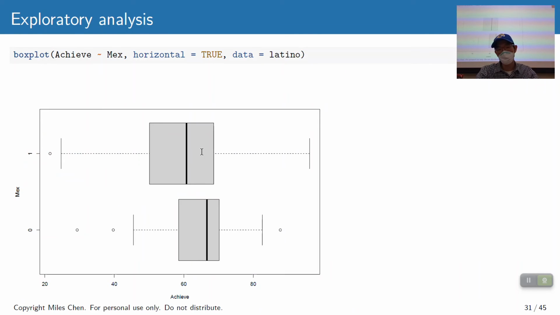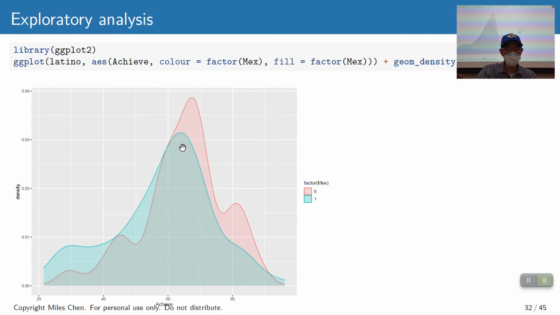Here's some more exploratory analysis. Here's a box plot for immigrants from Mexico and immigrants from other Latin American countries. There seems to be a bit of a difference for the median, but it's hard to really say much. Here are two density plots.